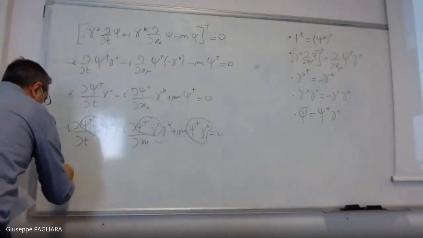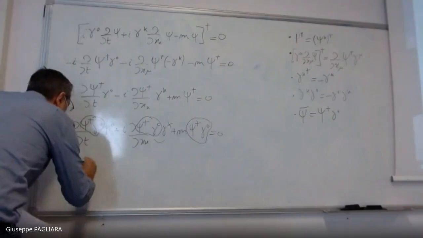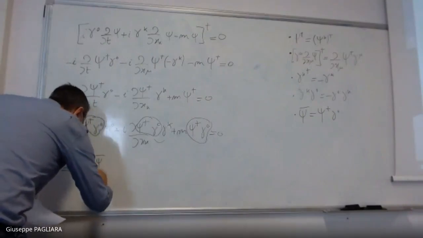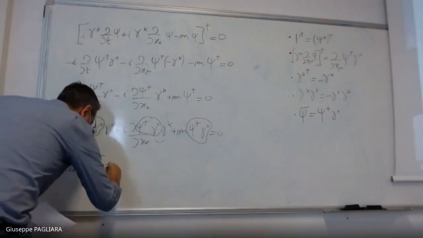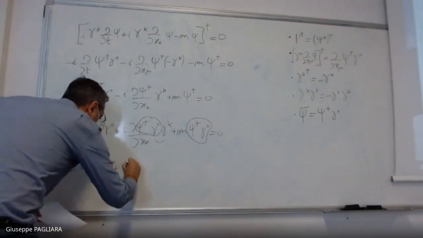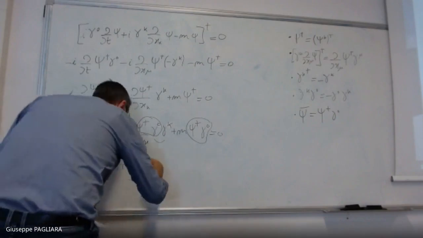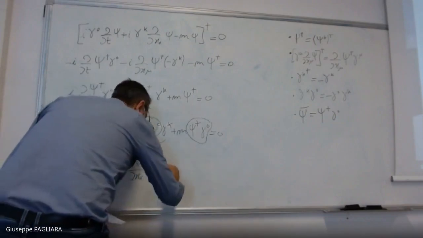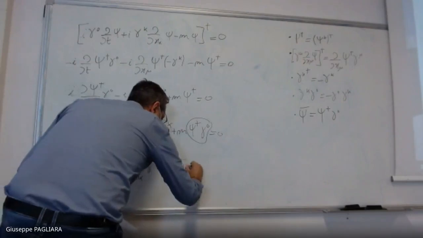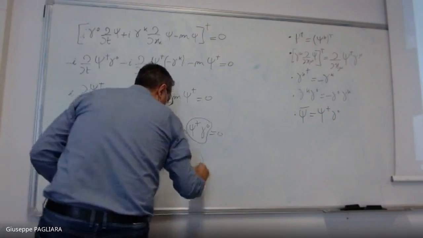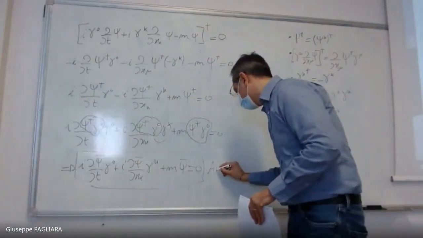So at the end, we can write this as i ∂ₜ of the adjoint spinor gamma 0, plus i ∂ₓₖ of the adjoint spinor gamma k, plus m adjoint spinor equal to 0. And this is the adjoint Dirac equation.